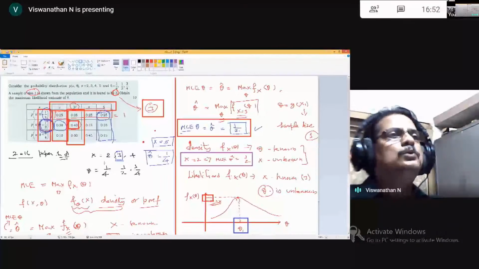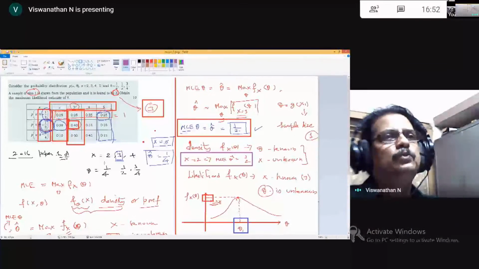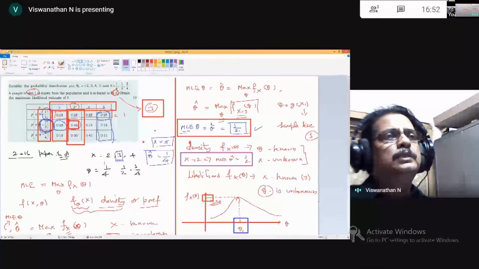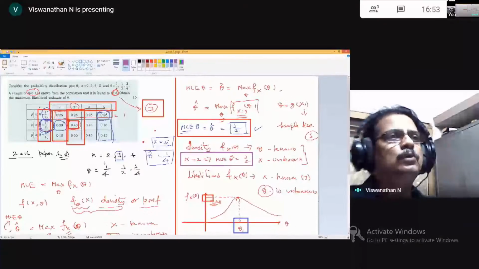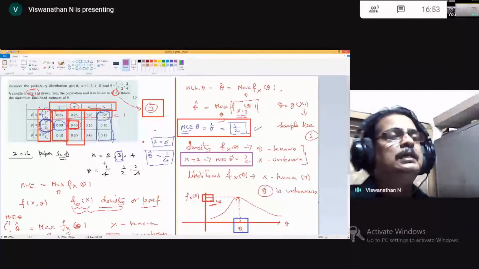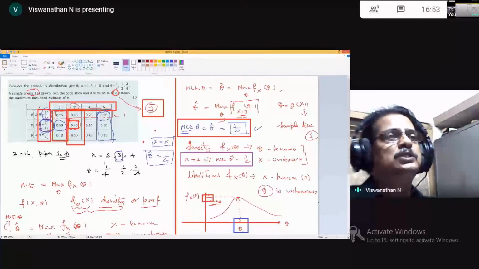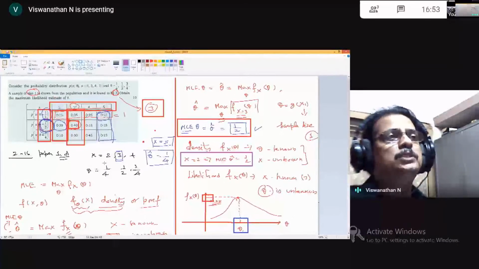And about the last problem, in which we were developing the MLE, we focused on two things. One is that the likelihood function has to be considered as a function of theta, not as a function of x, because x is known. It is given to be 3, 4 or some values. In this problem, we found the value of theta for which the function is maximized. We stressed that we are not interested in the maximum value of the function, but the point at which it is getting maximized.